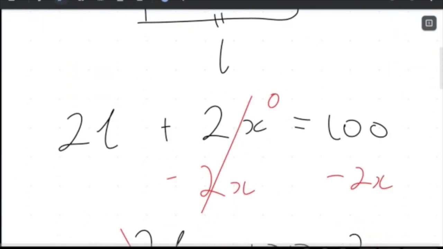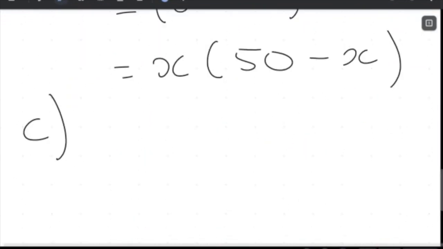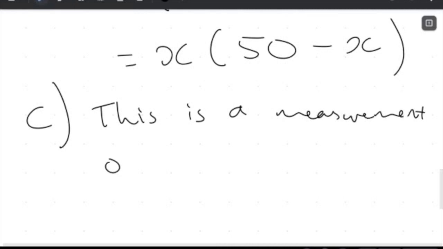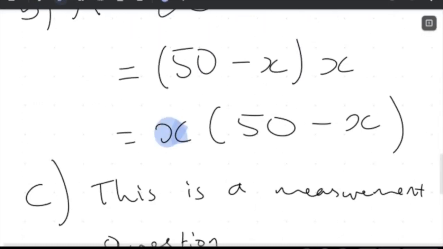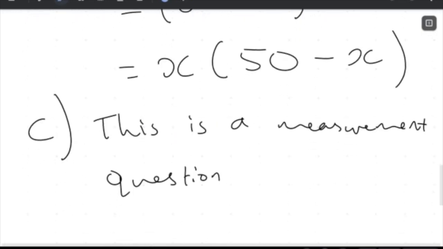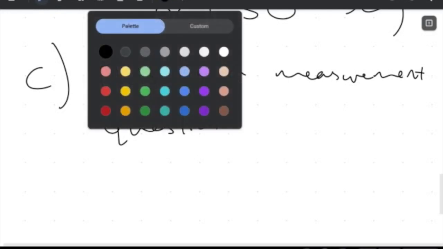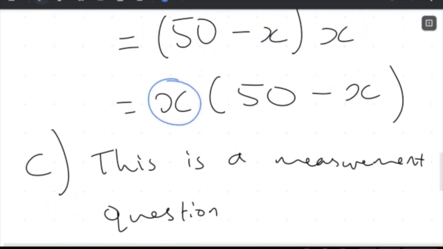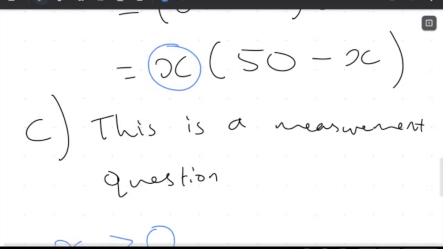This is a measurement question. Since x is some length, the length can't be negative. So my breadth of x has to be greater than 0.